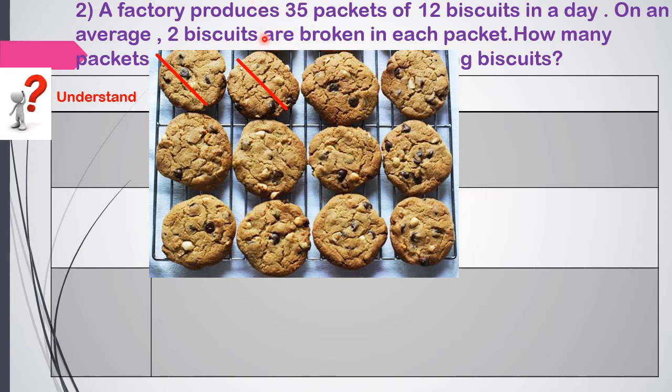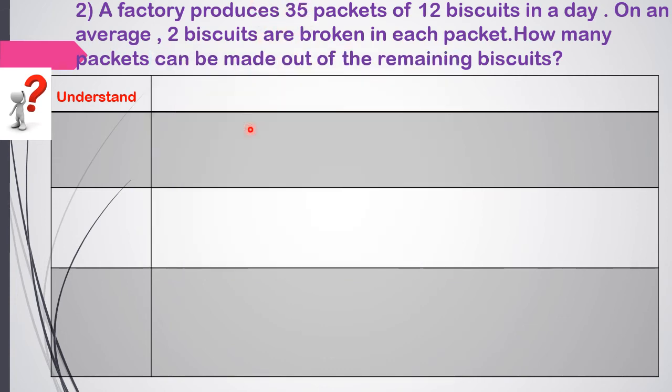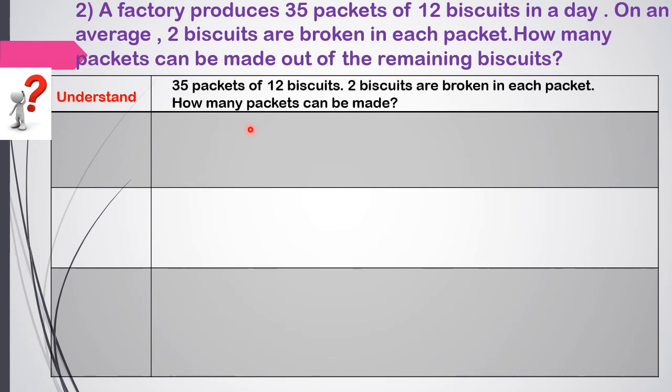But we have to find this for 35 packets. So 35 packets of 12 biscuits. Then 2 biscuits are broken in each packet. Now we have to find how many packets can be made out of the remaining biscuits. So this is what we understood. Now we have to plan.